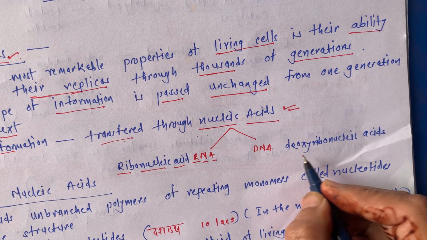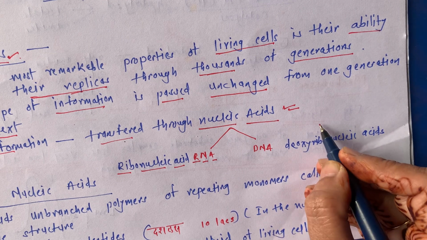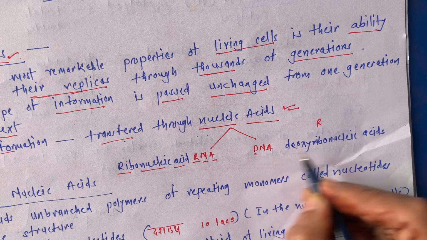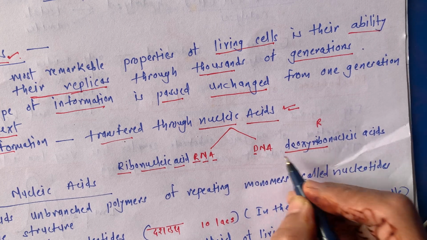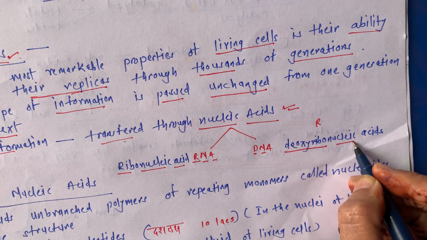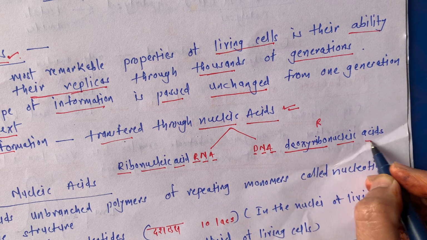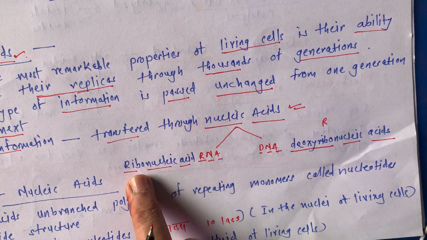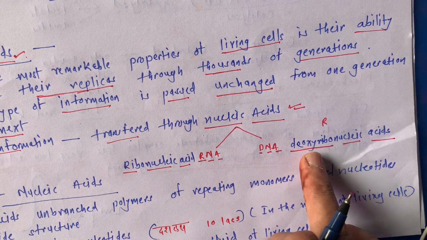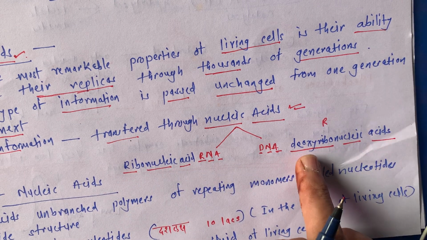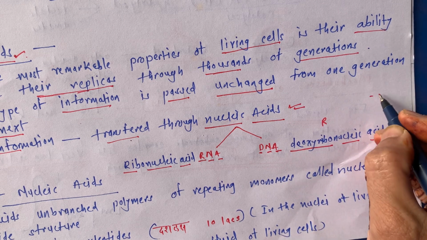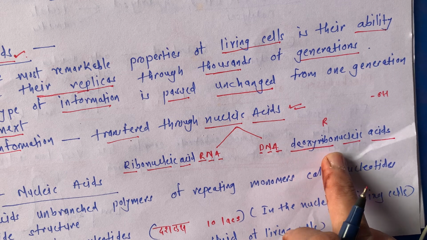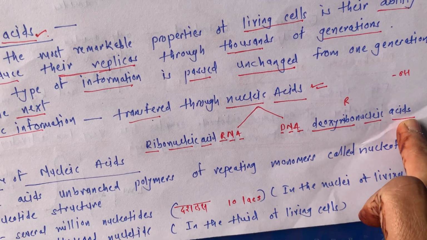Here in DNA we write D for deoxyribo, then N stands for nucleic and A stands for acid. Deoxy means OH is less as compared to this. So this is deoxyribonucleic acid.